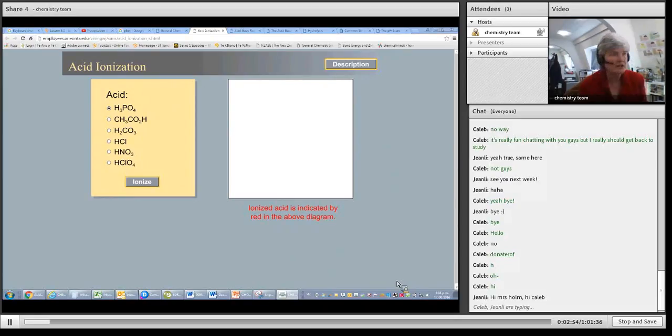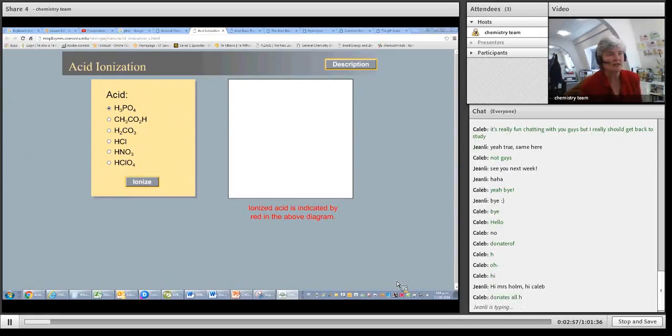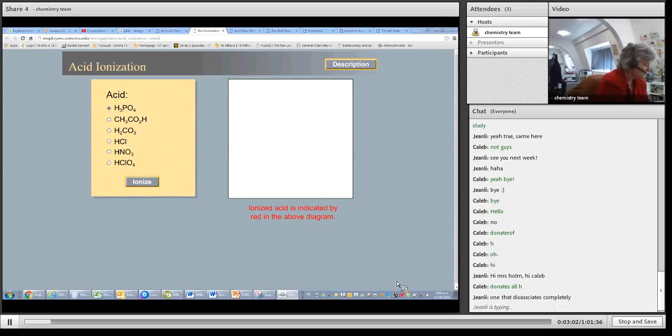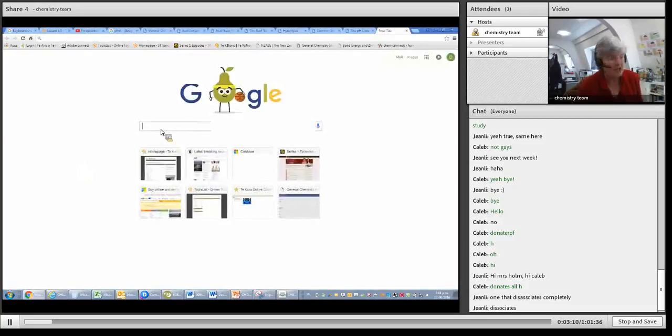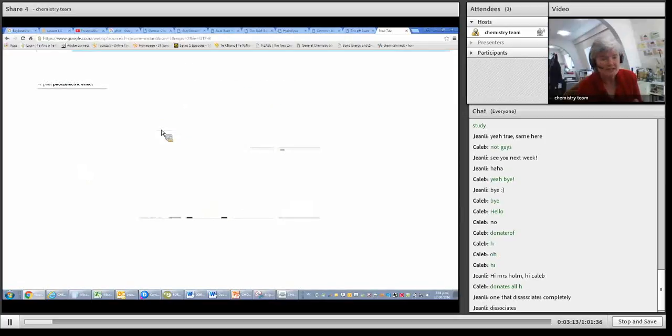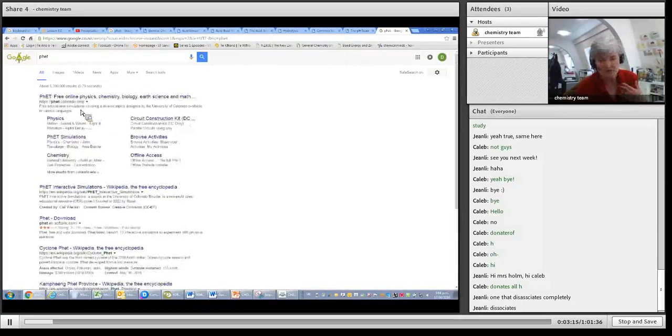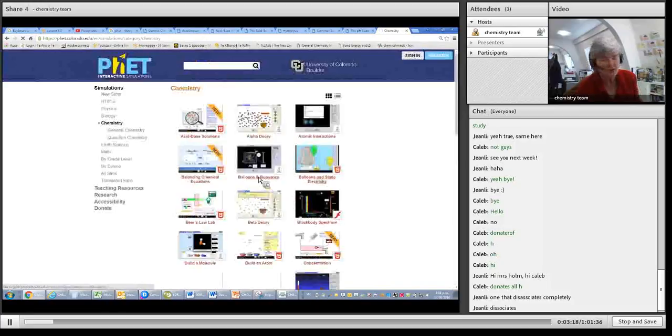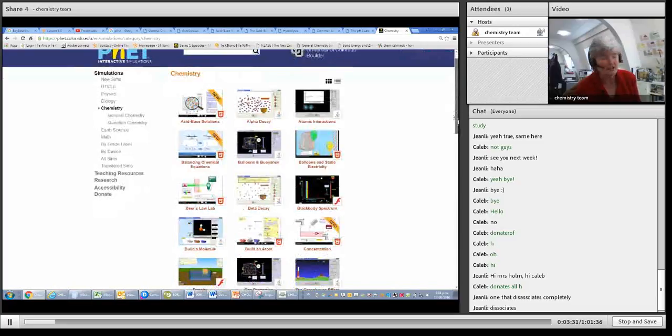Yep, it dissociates completely, correct. So a strong acid will totally give up all its protons, or hydrogen ions, and a strong base would totally ionize or dissociate to get rid of all its hydroxide ions. It's broken up completely, so it forms an equal amount of hydroxide ions.